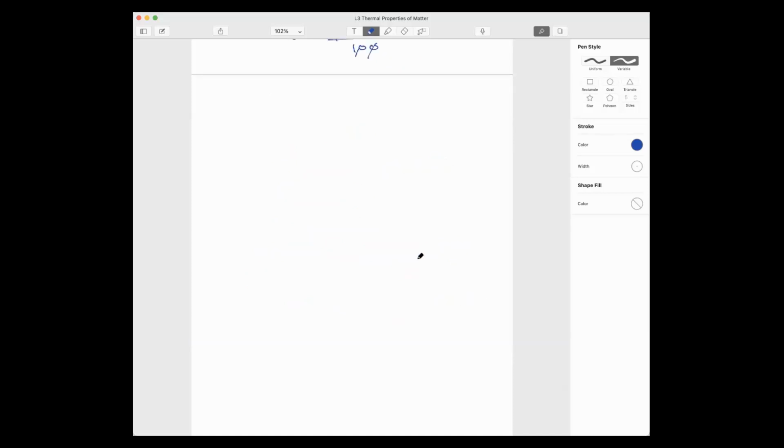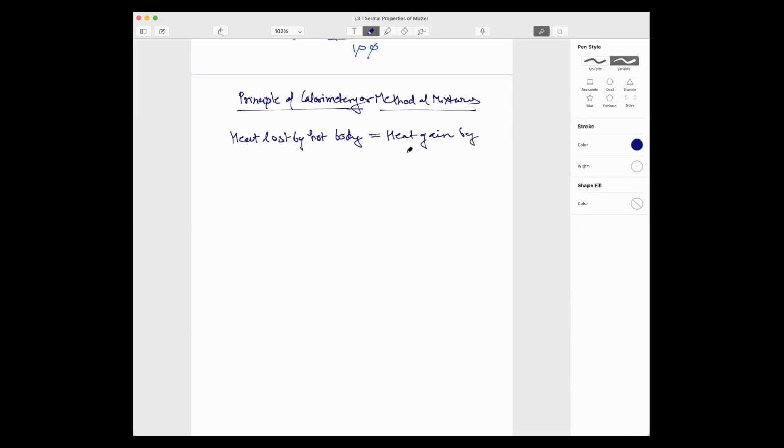Okay. Now I will introduce the principle of calorimetry. According to the principle of calorimetry, which we may also call the method of mixtures, heat lost by hot body must be equal to the heat gained by cold body.